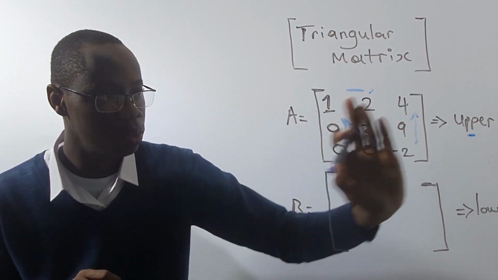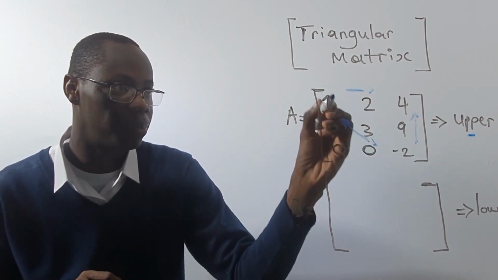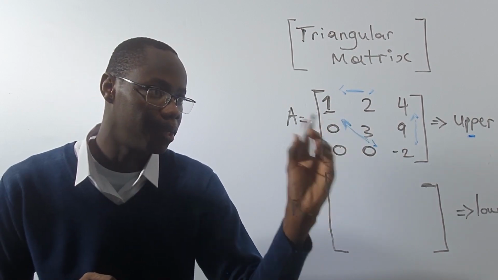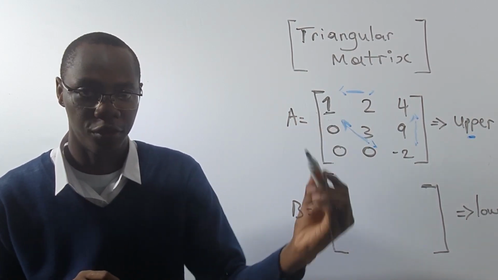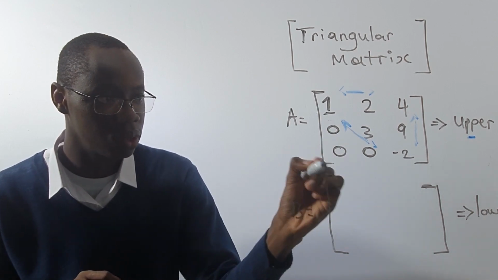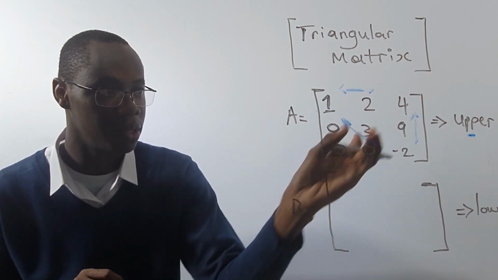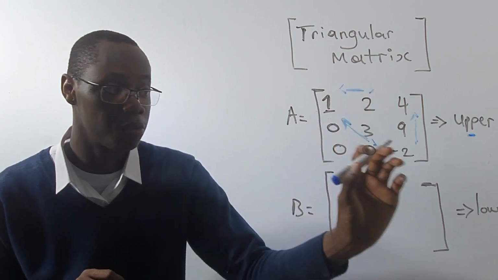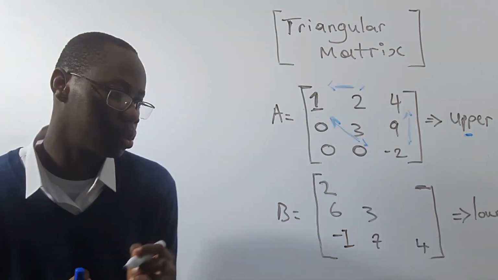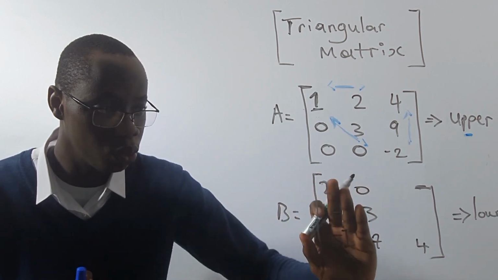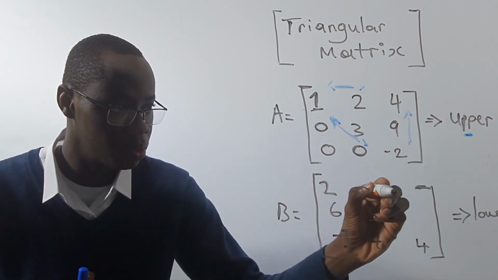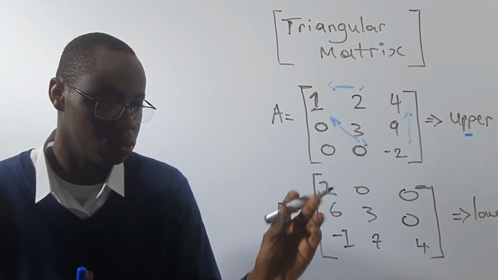So you can see real numbers forming this triangular pattern here, while below the main diagonal you find 0 elements. So the 0 elements below are carrying the triangle of real numbers. So that's why it's called upper, like this. So you can see the triangular pattern while you find 0 elements above the main diagonal. So 0, 0, and 0, like this.